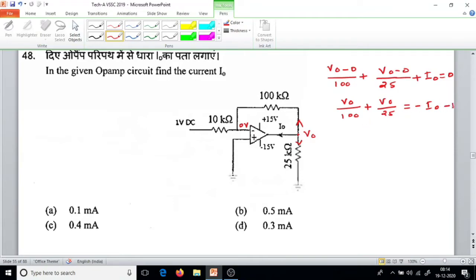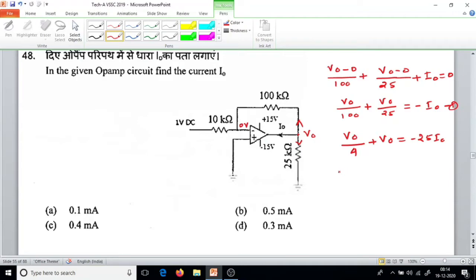Now I'll multiply the complete equation by 25 to remove this. So it will become V naught divided by 4 plus V naught equals minus 25 I naught.